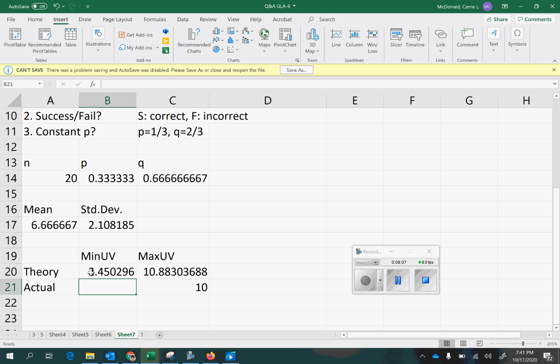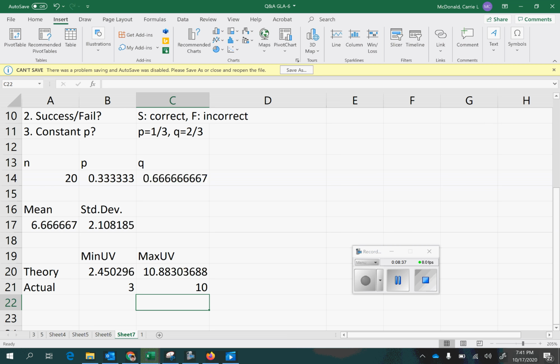The correct way to think is to say that anything less than 2.45 questions correct would be unusual. Anything less than 2.45. So 2 would be unusual. 3 would be the last one that is not unusual. Okay, but the way this question was worded, they asked us how many or more would be unusual. So we're interested in focusing on the maximum usual value.